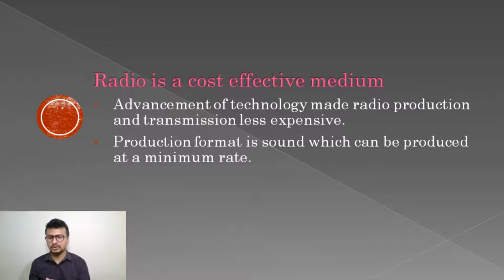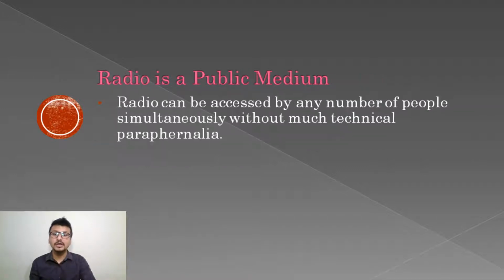To produce audio is very cheap, and to access audio is again very cheap. The second characteristic of radio is that it is a public medium. It means radio can be accessed by any number of people simultaneously without much technical parameters.